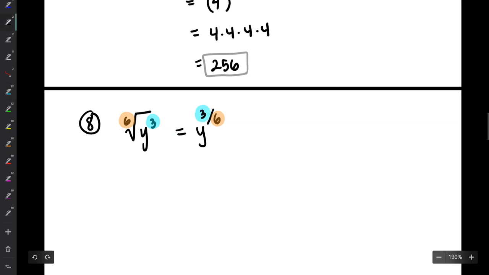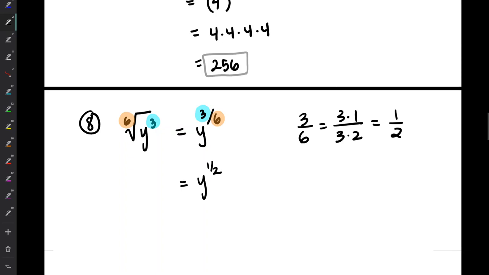So my answer is y to the 3/6 power. Now 3/6, that fraction can be simplified, right? 3/6 is a half, and it's y to the 1/2 power.